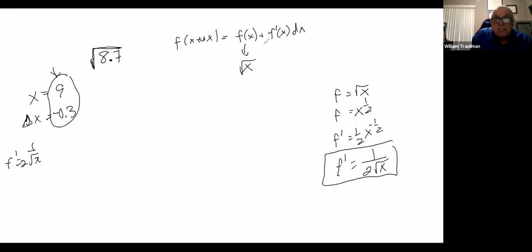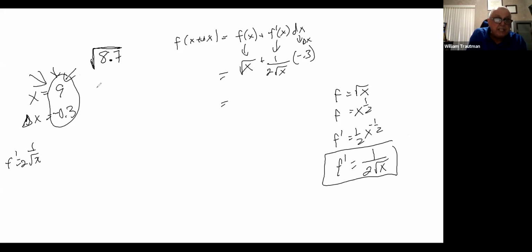So the derivative equals 1 over 2 square root of x. I'm going to plug this in. And then my dx is going to be negative 0.3. My dx is my change of x. All right, so I'm going to plug in my x. x is 9.